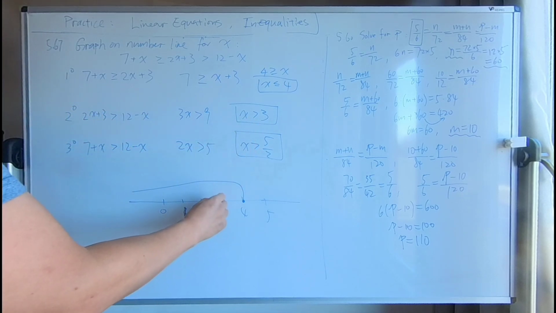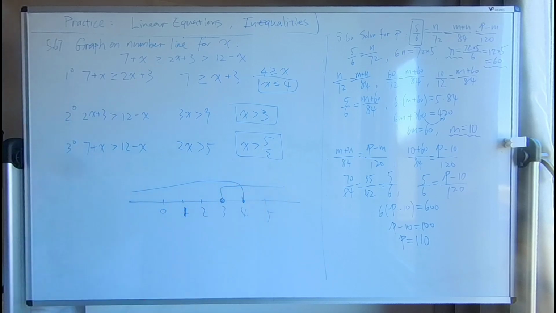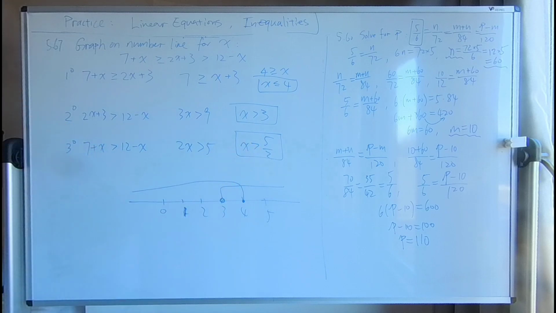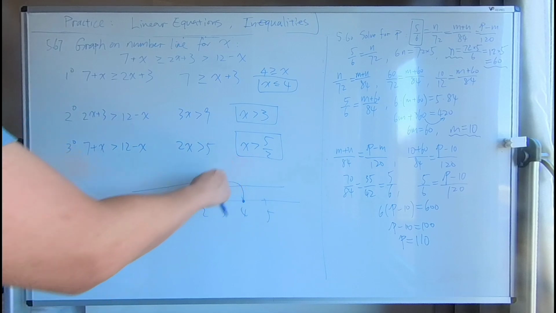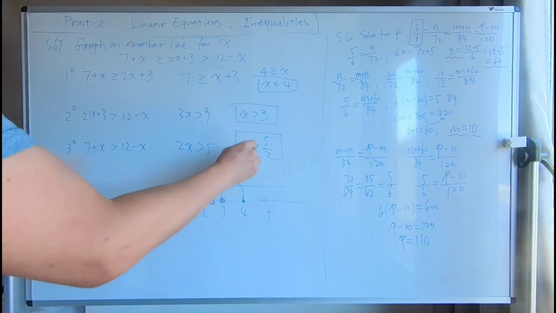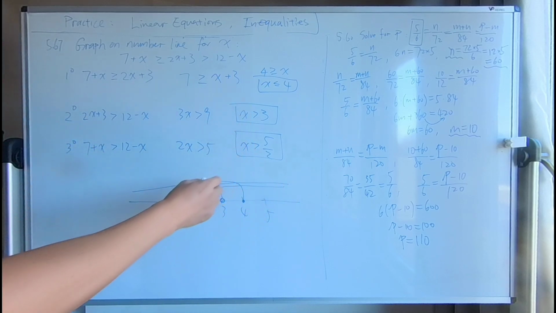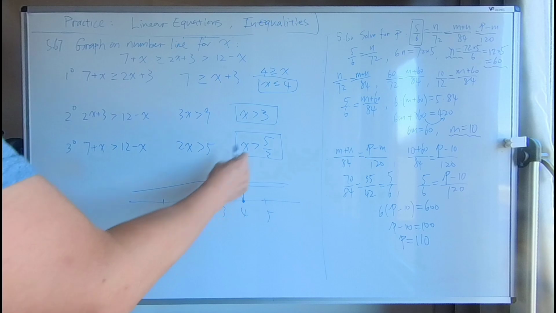So I have a hollow circle, and greater than 3 goes this way. Right, and then last I have x also greater than 5 over 2. 5 over 2 is 2.5. It's somewhere over here. It's also a circle and it's greater than. You can see that the second one share the same common area, but it's okay.